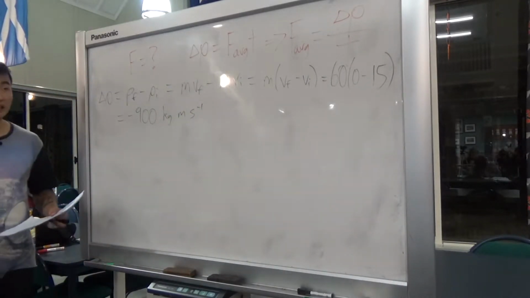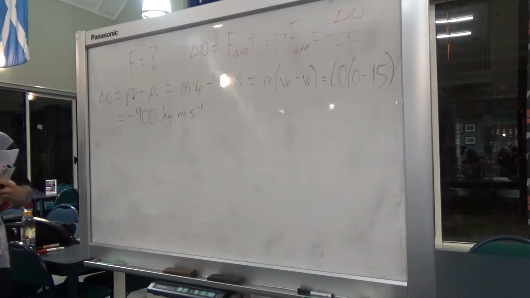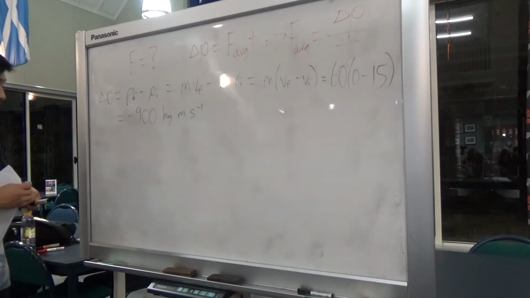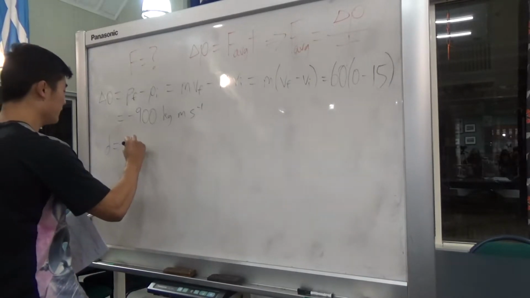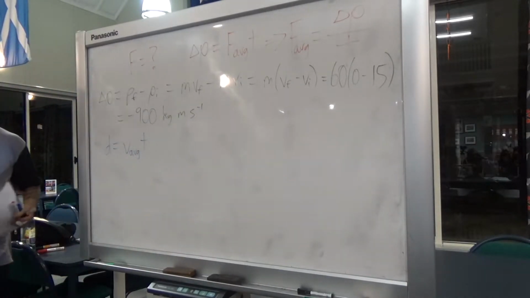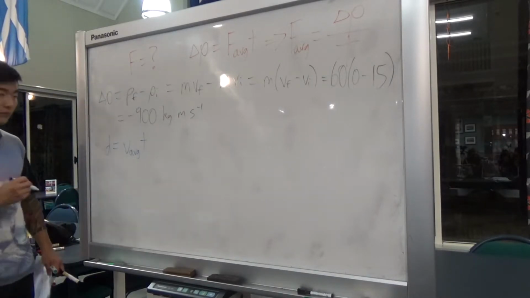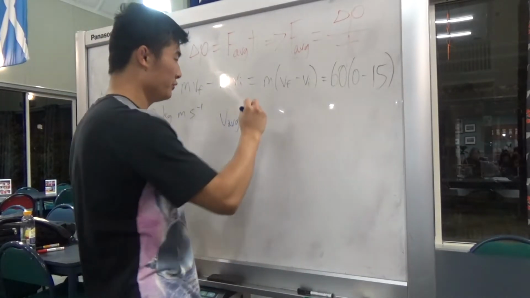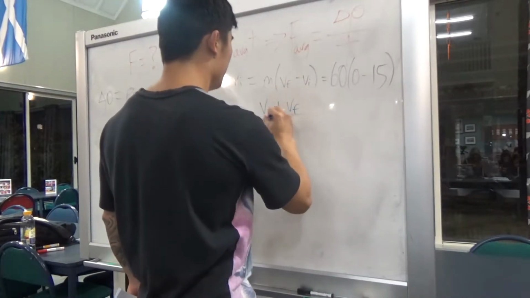Now we need to calculate the time that she took to come to rest. So we're going to use distance is equal to the average velocity multiplied by the time. She had constant acceleration, so V average is equal to vi, the initial velocity, plus vf divided by 2.